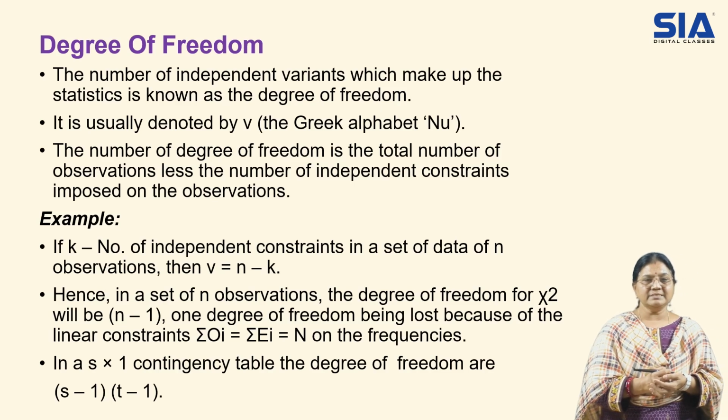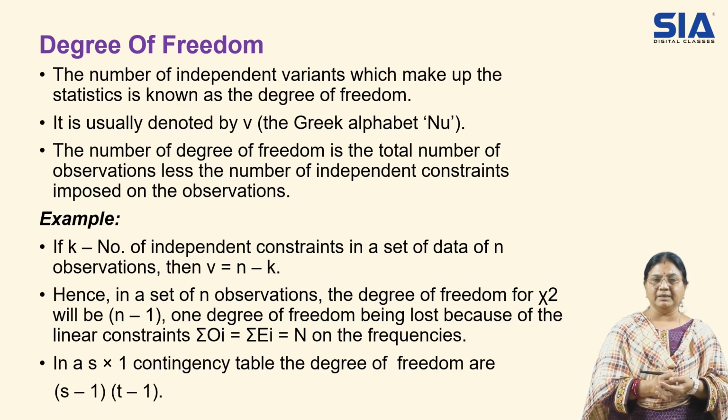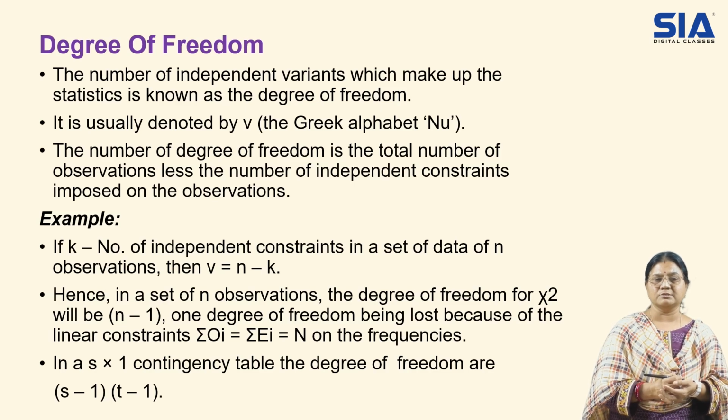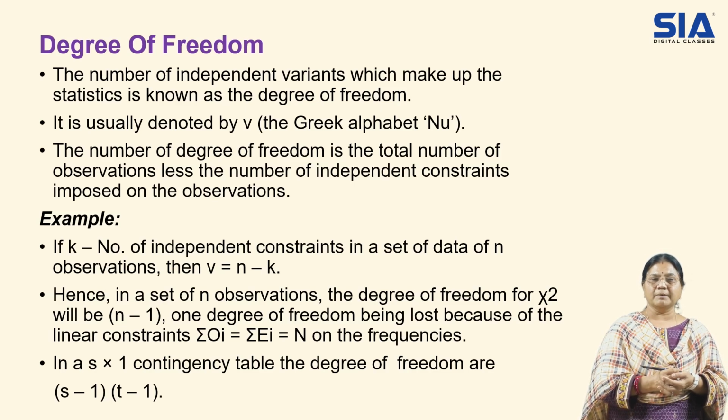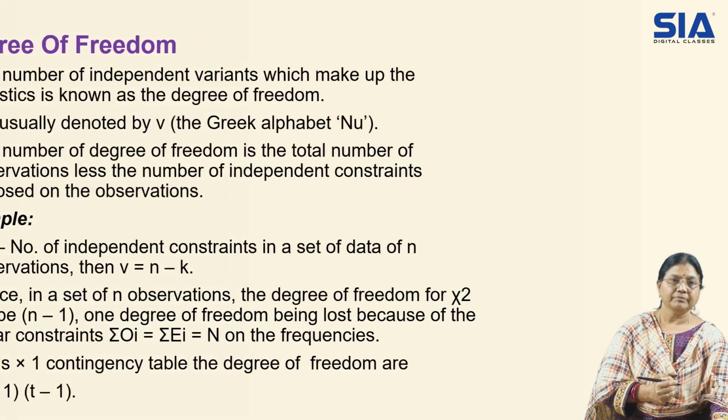In an S by T contingency table, the degrees of freedom are (S minus 1)(T minus 1). So this is about the degree of freedom.